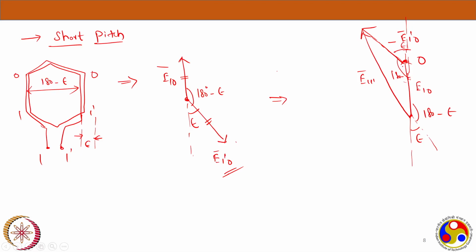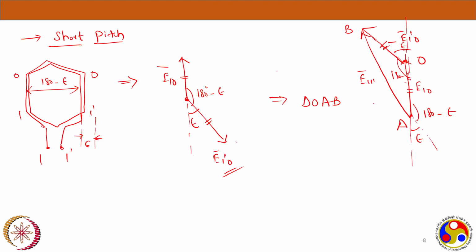Because these two sides, E and E, are the same, it's like an isosceles triangle, with two sides the same. Now, if you see the triangle, let's use some notations: O, A, B. Now let's look at triangle OAB. This side is magnitude E and this side is E.